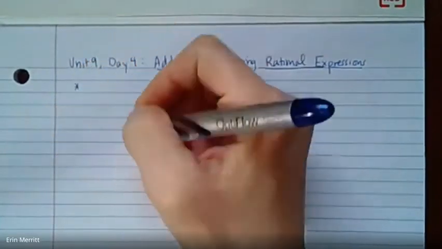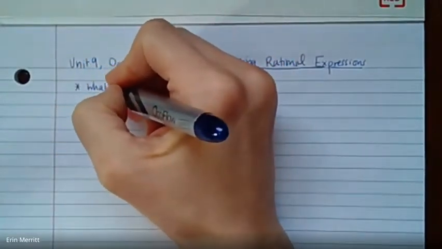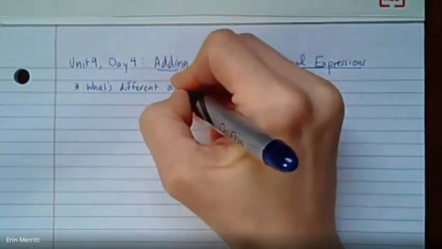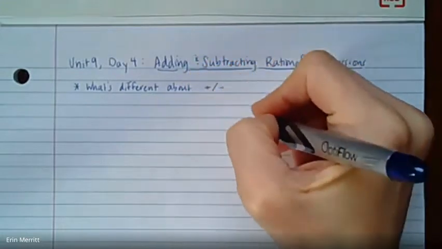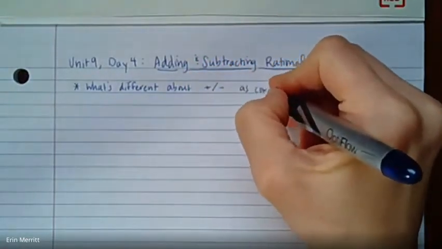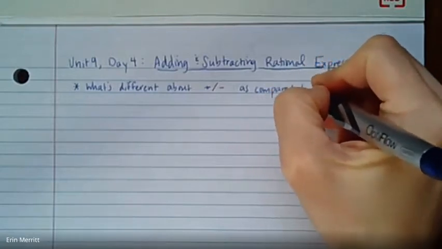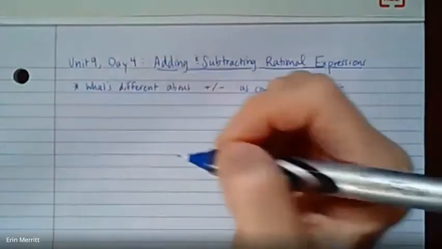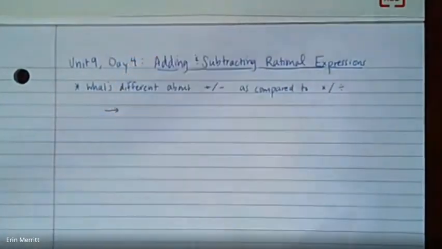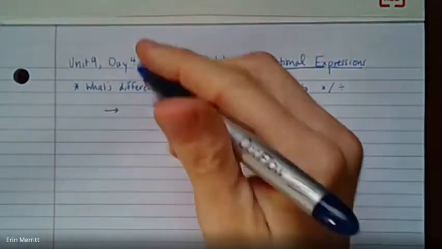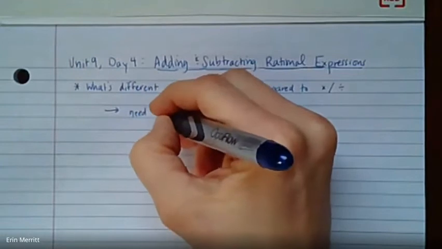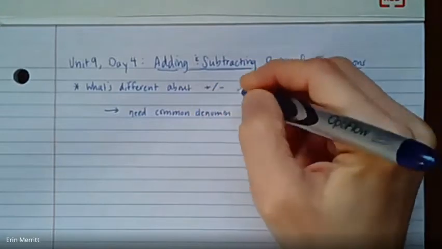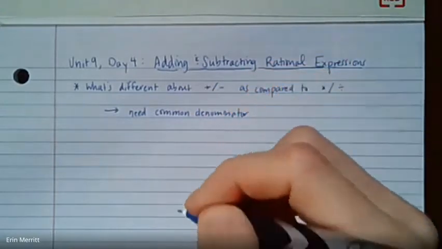The key things about what's different about adding or subtracting as compared to multiplying and dividing is that with multiplying and dividing, you don't need a common denominator, whereas here, we are going to need a common denominator.